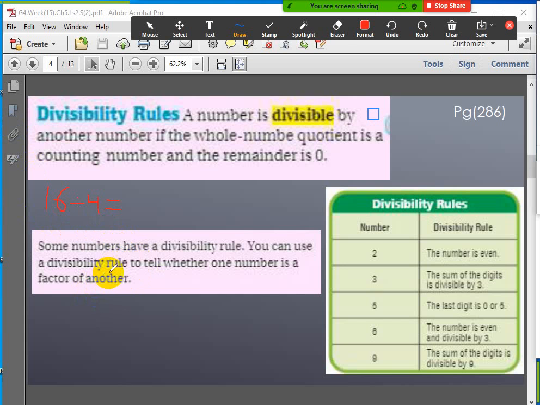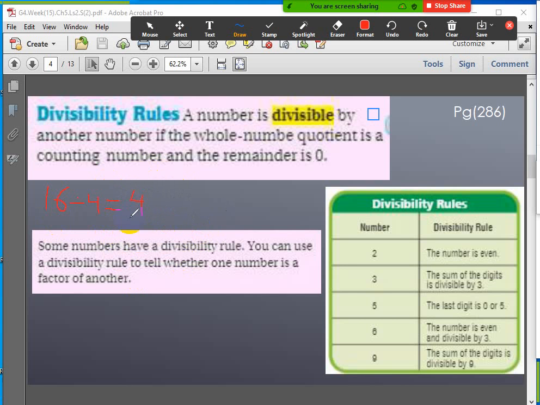Very good, Kinda. Very good, Aryam. Very good, Lana. So 16 divided by 4 equals 4 because 4 multiplied by 4 equals 16. So I will do the inverse operation for the multiplication. Is there any remainder in this quotient? No, I don't have any remainder.